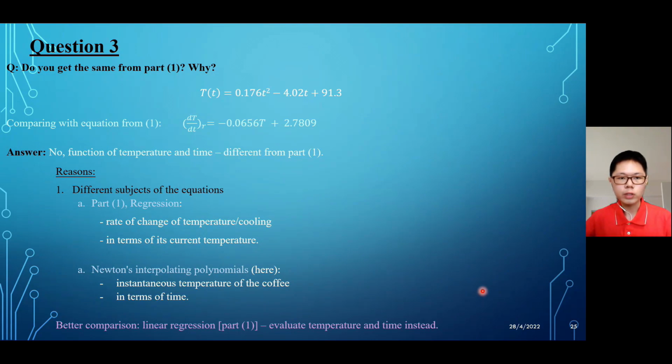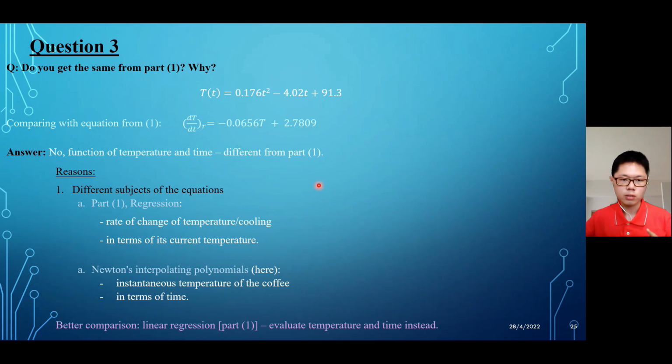Now moving on to question 3, to answer the question of whether or not the answer from part 3 is the same as part 1, the equations obtained from each part were compared. After comparing, it is found that no, the answers obtained from both parts are not the same. There are 3 reasons for this.